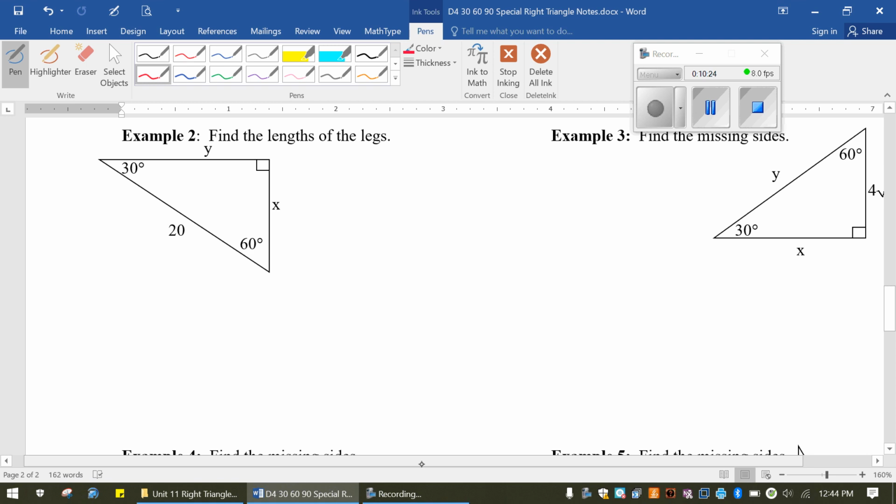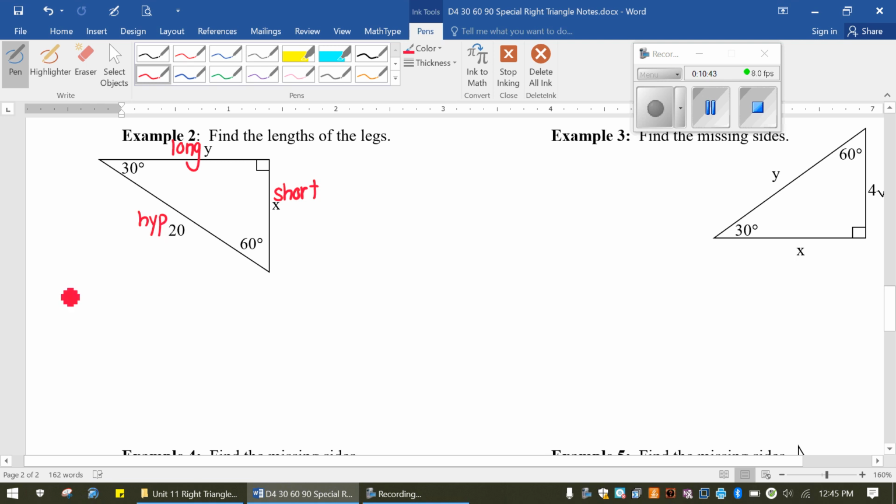So on example number 2, opposite the 30 is your short leg. So x is our short leg. Opposite the 60 is our long leg. So y is the long leg. And then we are given the hypotenuse, which is 20.